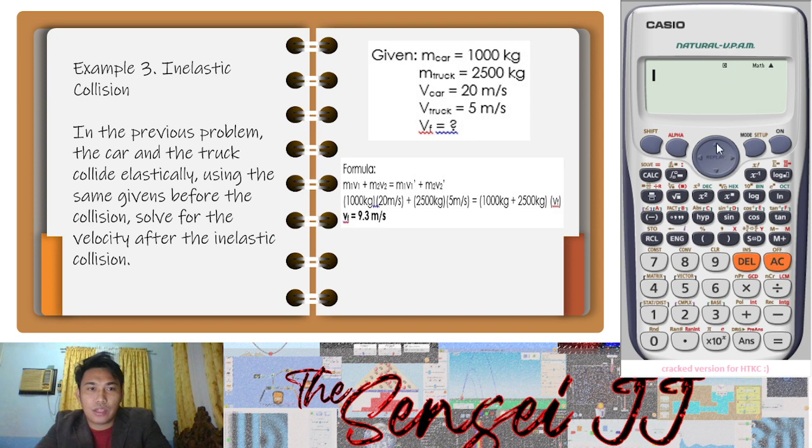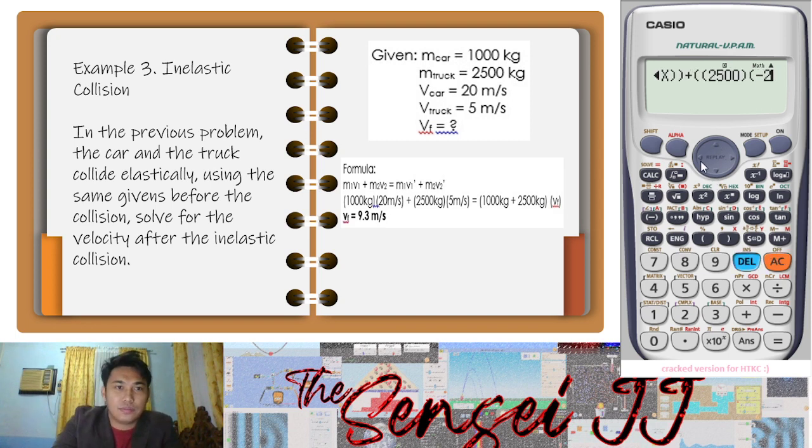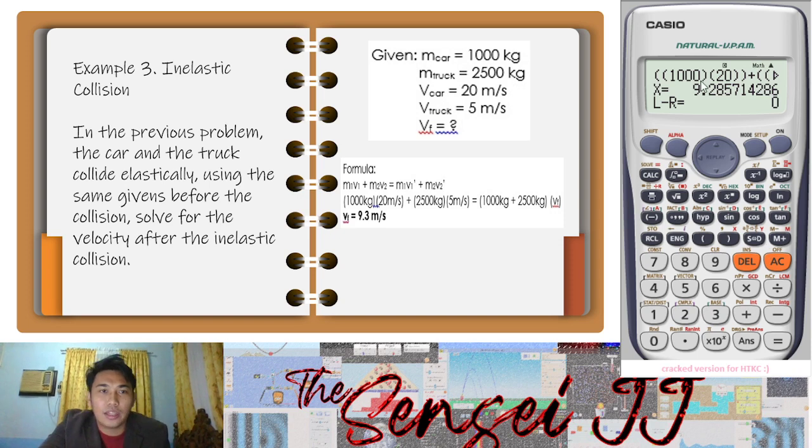Okay, so let's try this one. If they will be sticking together, then we will be having 1,000 plus 2,500 multiplied by our x. Okay, so the solution is we have 9.3.